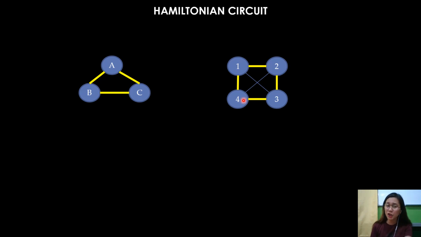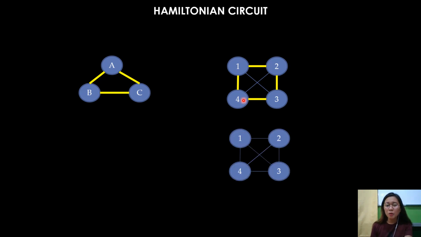Or we can have another path for that. We can start at vertex 1 to 3, then vertex 3 to 2, then go to vertex 4, then we end with the vertex 1. So that is a sample of a Hamiltonian circuit graph.